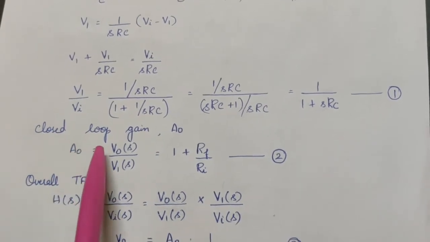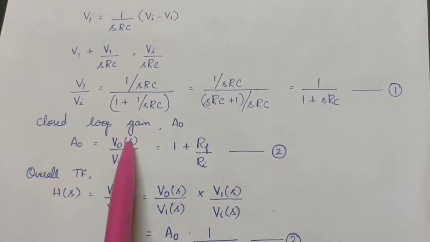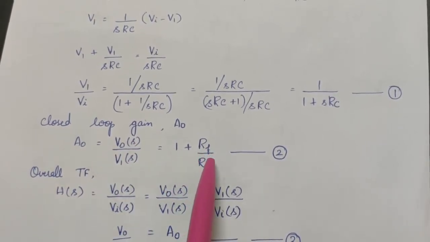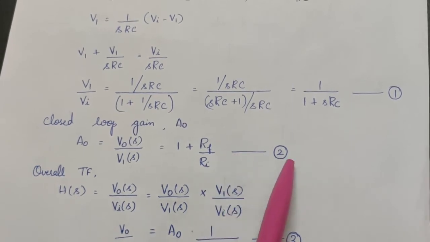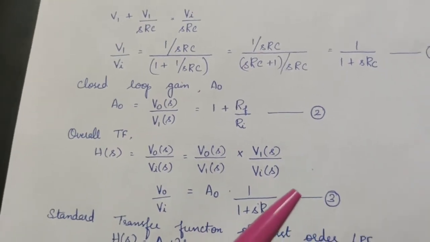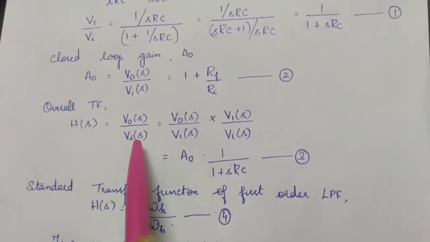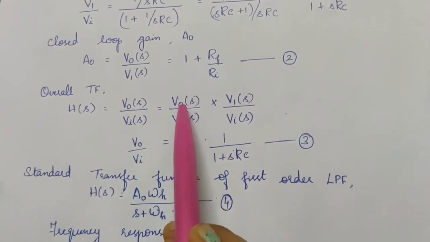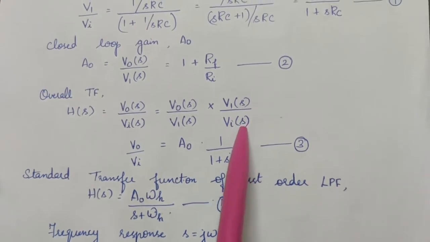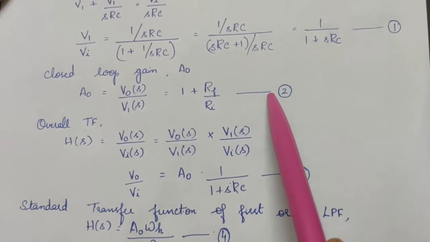Next, we are going to consider the closed loop gain A0. As we know, this can be written as V0 of S by V1 of S, which is 1 plus RF by RA. Consider this as equation number 2. So as we know, the overall transfer function H of S equals V0 of S by Vi of S, which is written as V0 of S by V1 of S into V1 of S by Vi of S. This is obtained from equation number 1 and 2 respectively.